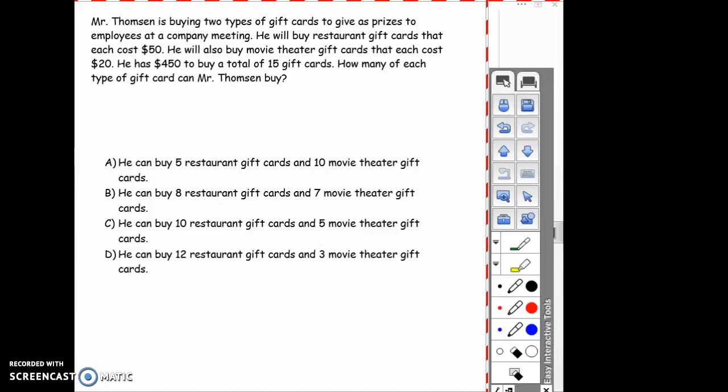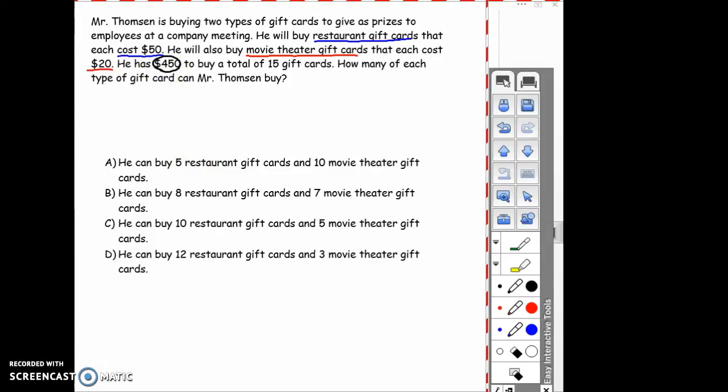What it looks like is, I know that restaurant gift cards cost $50. I know, we change colors here, that movie theater gift cards cost $20. I only have $450 to spend.